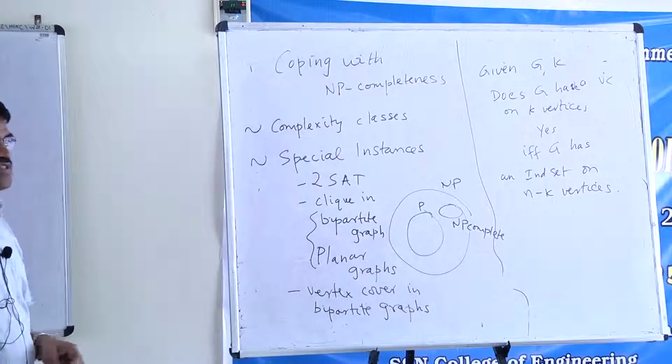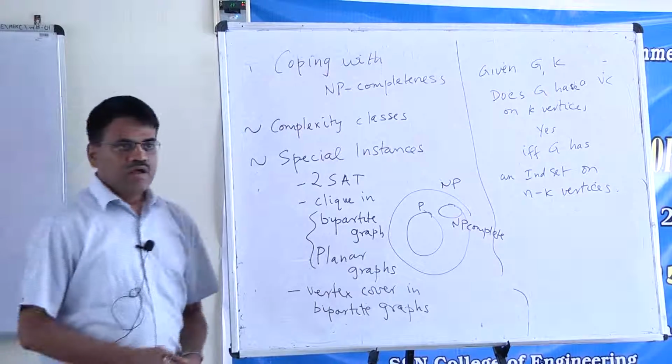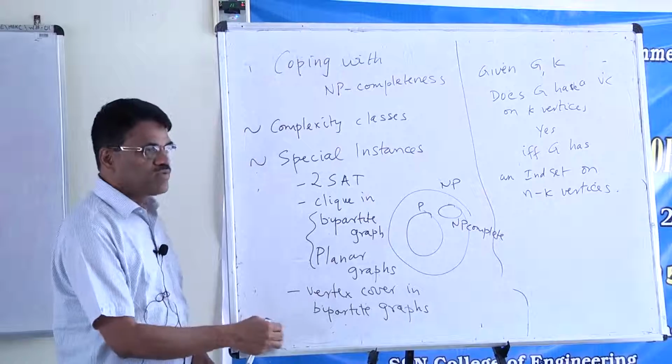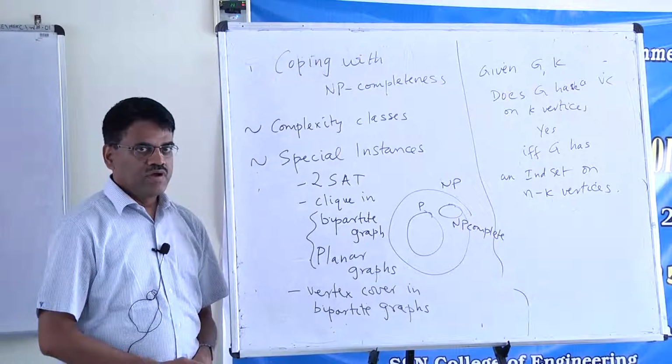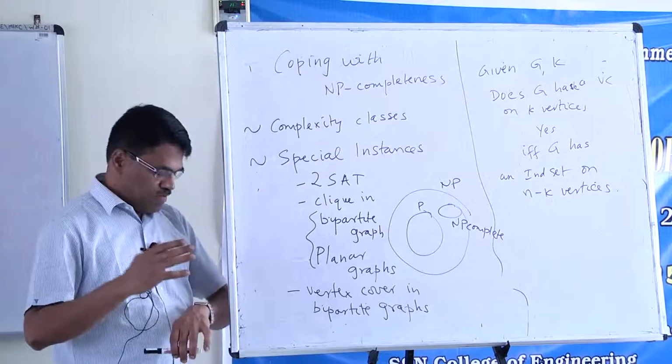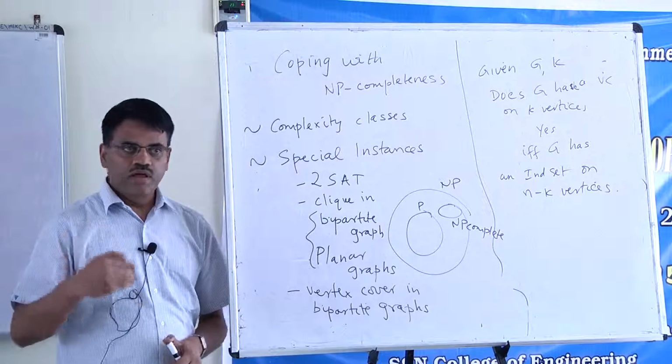There is a nice theorem which says that you can use matching: find the maximum matching in a bipartite graph, and from there you can get a minimum vertex cover. So if you know something about the input, maybe you can solve the problem in polynomial time.